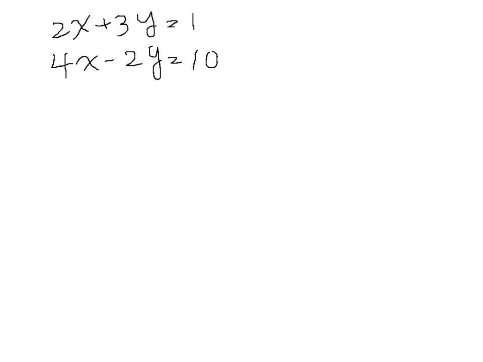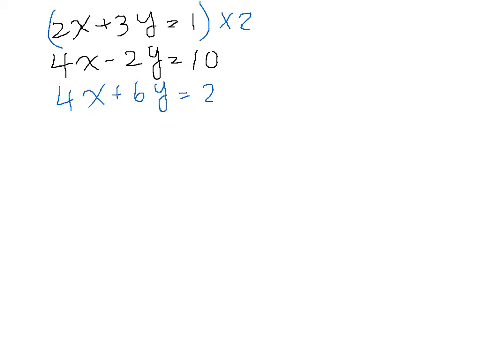So we're going to have to change the form so that it's more helpful to us. So one thing we can do, let me change the color, is we multiply the first equation by 2 so that we have 4x plus 6y equals 2.